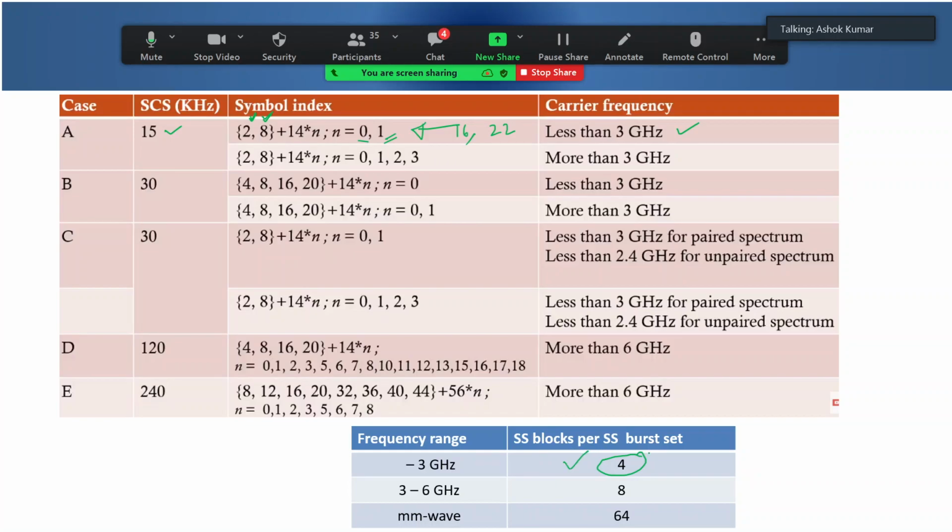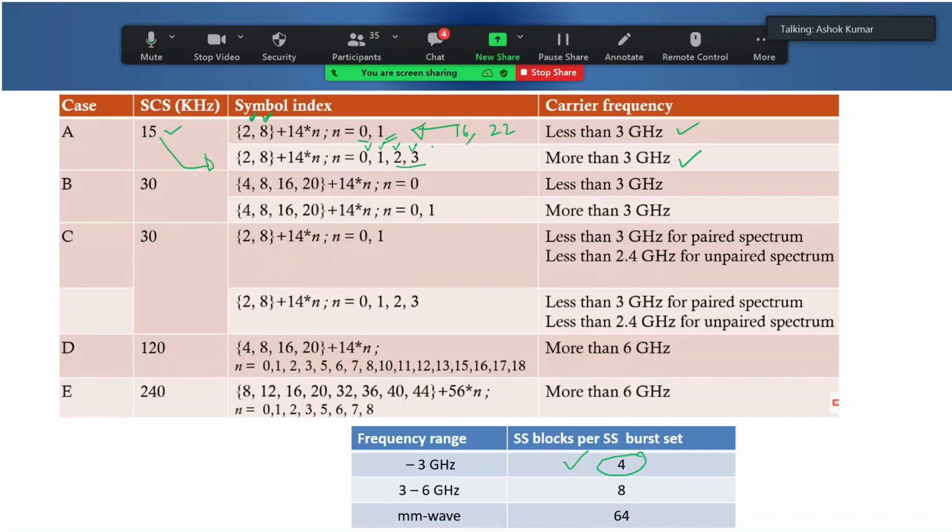We will come to SS bus set in the subsequent slide. Similarly, if you look at frequencies which are more than 3 gigahertz, for the same 15 kilohertz subcarrier spacing, here you have n value equal to 0, 1, 2, 3. So that means its formula is same, but the 2 more values are increasing.